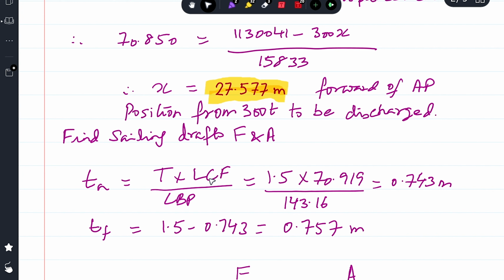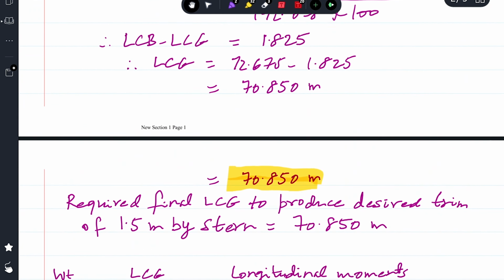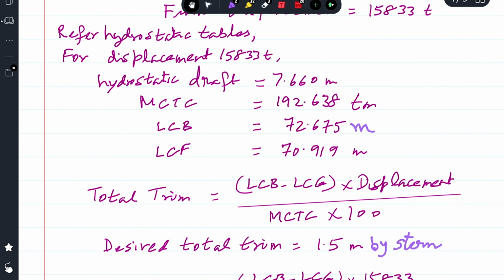For final sailing drafts, I need my change in the draft forward and aft due to trim, which is called trim aft, trim forward. So due to trim, what will be the change in my draft aft? That is total trim into LCF upon LBP. 1.5 meter the total trim, LCF 70.919, which we have found in the first step for the final condition.